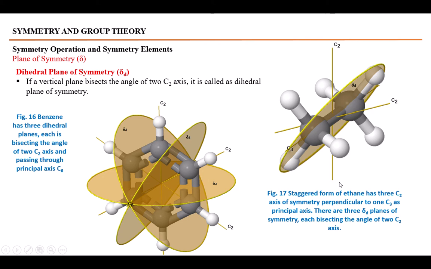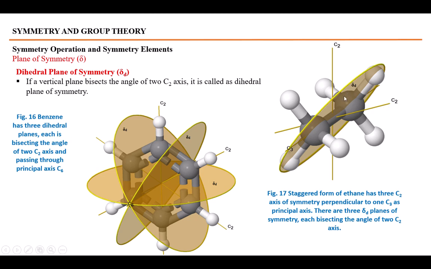Similarly, take the staggered form of ethane. There are three C2 axes. Two are shown here; the third will be like this, at 60° to this one. And there exist three sigma D, three dihedral planes of symmetry. Only one is shown, passing through this hydrogen atom and carbon. The second passes through this hydrogen and carbon, and the third through this hydrogen and carbon atom.